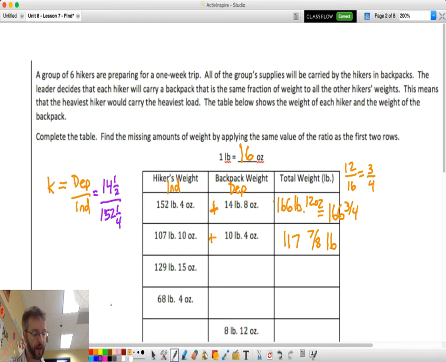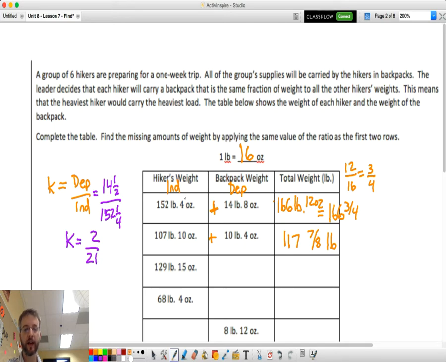If I do 14.5 over 152 1/4, you get this really ugly decimal, which is why it's helpful if we turn it into a fraction. And we can see that the value of K is equal to 2/21.